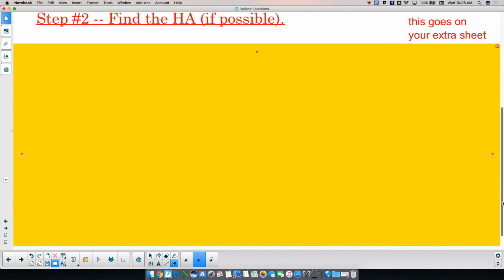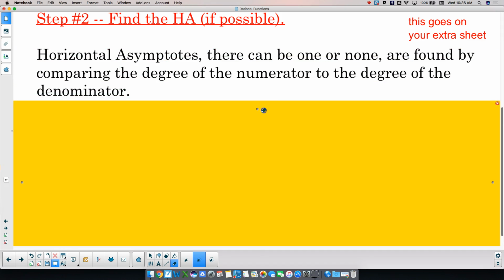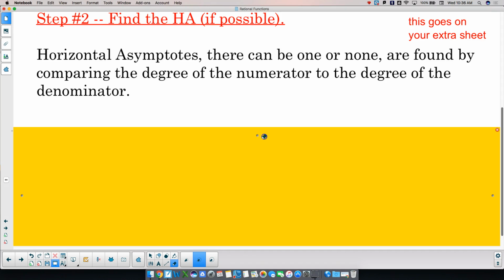So, what's going to happen? The process that you are going to use is you are going to compare the degree of the numerator to the degree of the denominator. And remember, degree is the biggest exponent.